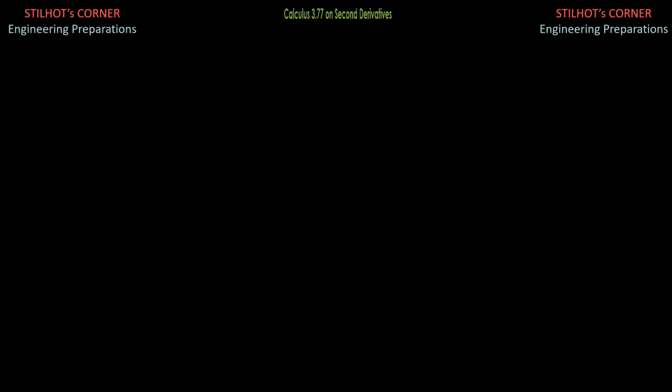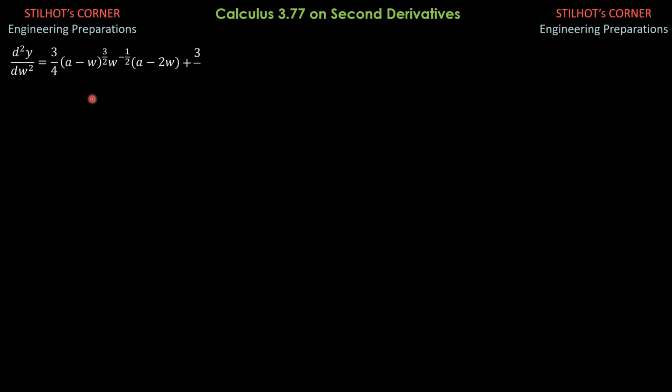So let us continue. We have from the preceding slide, so I'll just make it fast for this part because this is the same expression developed in the preceding slide. Now for the numerator, the common factor is 3/4. Then for this factor (a minus w) to the 1/2, the least.